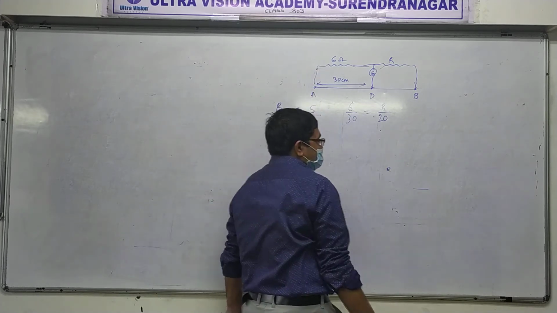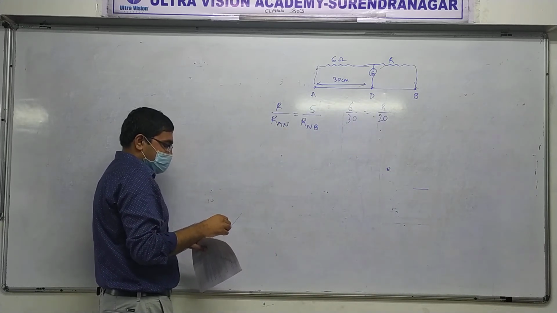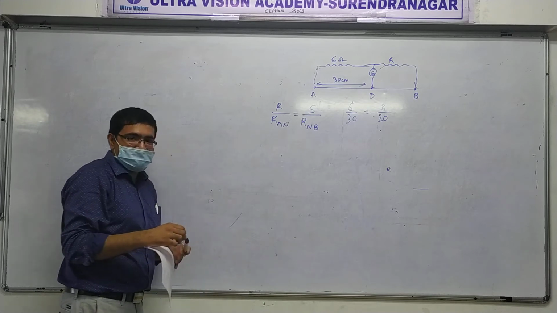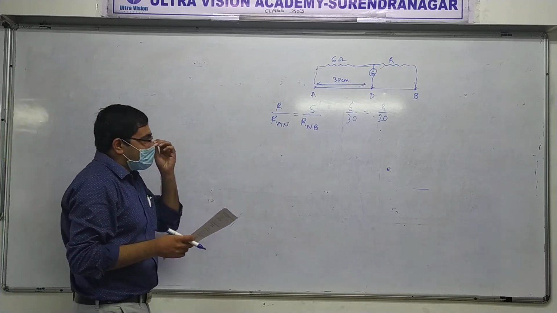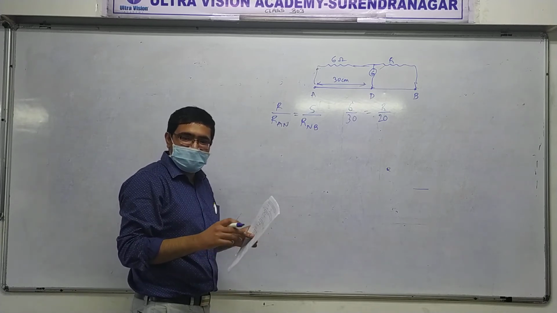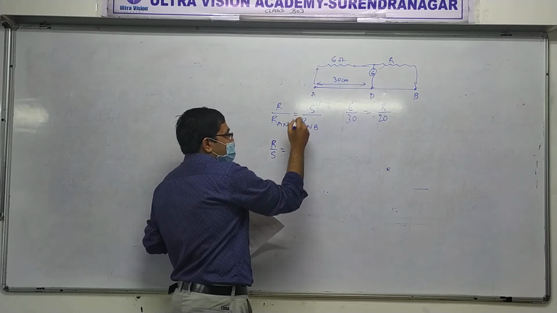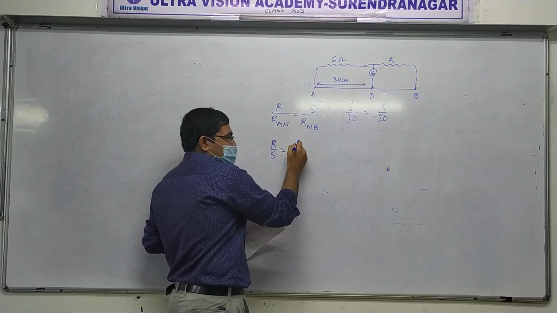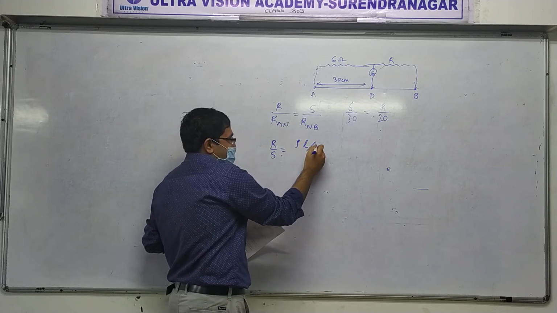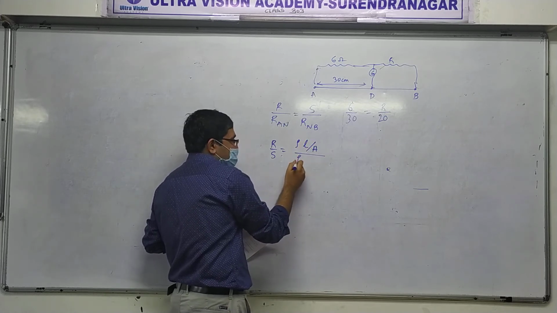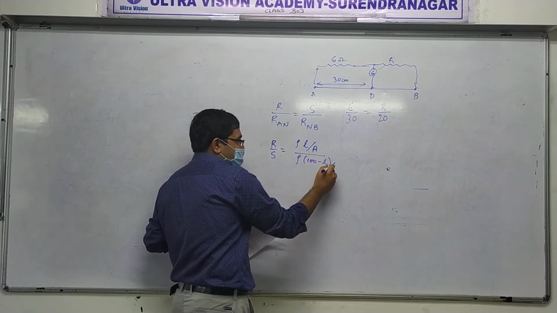If you take a wire with double the diameter, as said in the question, let us simplify and write R upon S is equal to rho L, where L is the null point, divided by area, upon rho times total length minus L, suppose 100 minus L, divided by area.